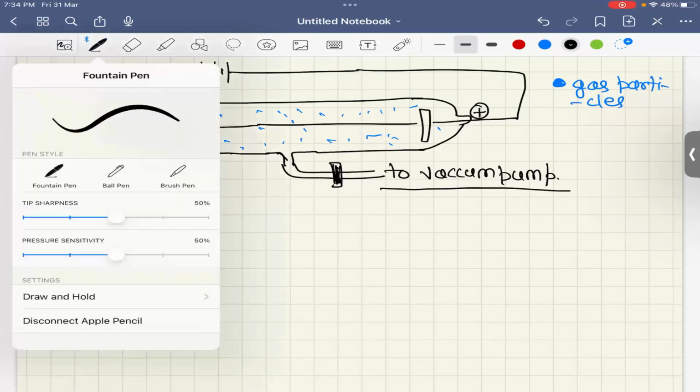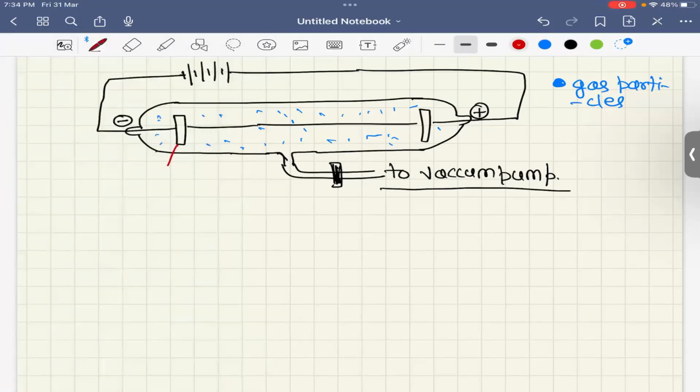This is the cathode, and this is the anode. What was done is that the gas particles were exposed to a high voltage gradient, and simultaneously the pressure inside the tube was also varied.